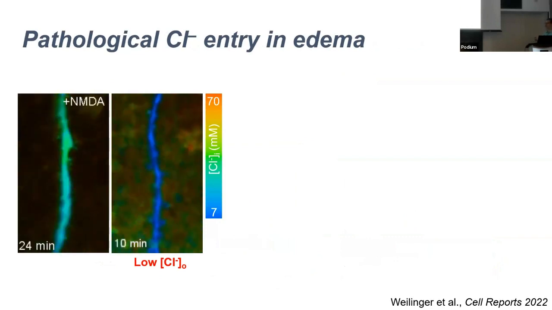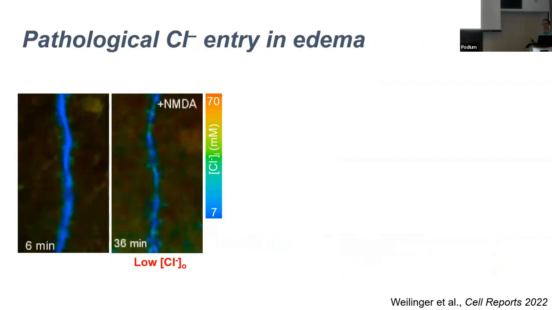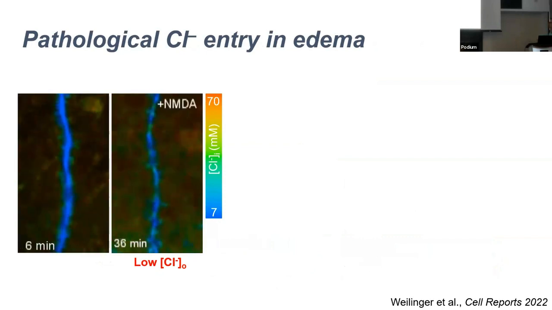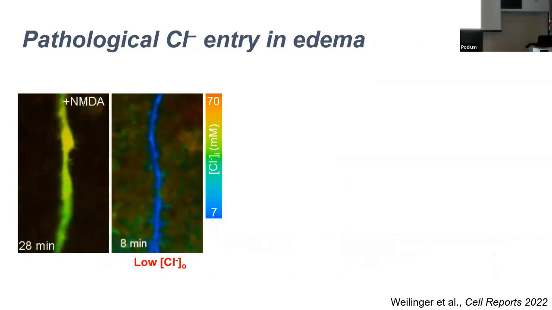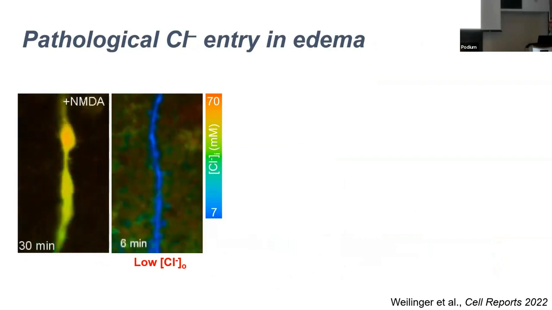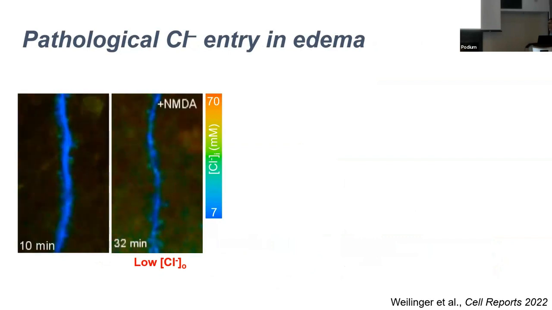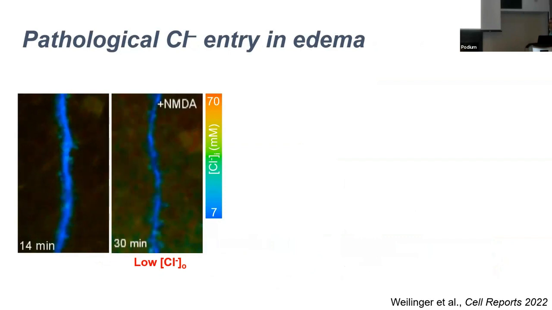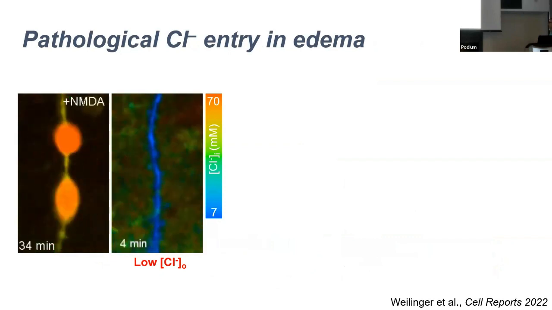So what about actually measuring chloride changes in swollen dendrites? So how is this happening? This is now a zoom in of a dendrite of a patched nerve cell. And here we're applying NMDA to trigger blebbing, using a trick to limit the swelling to this single cell that I'm patching.